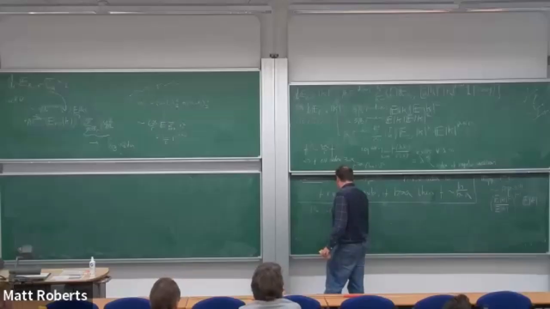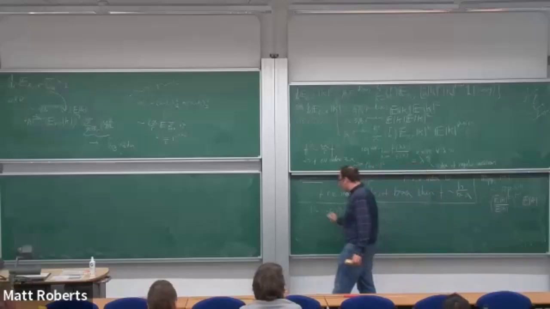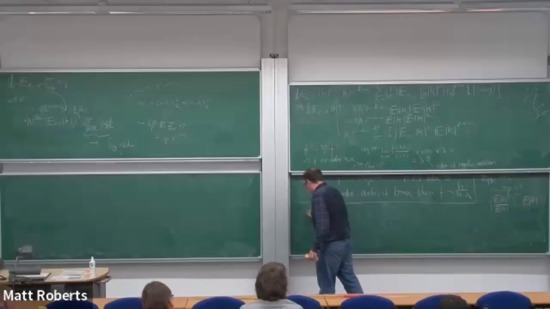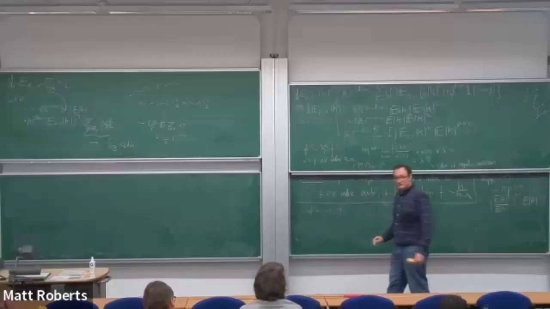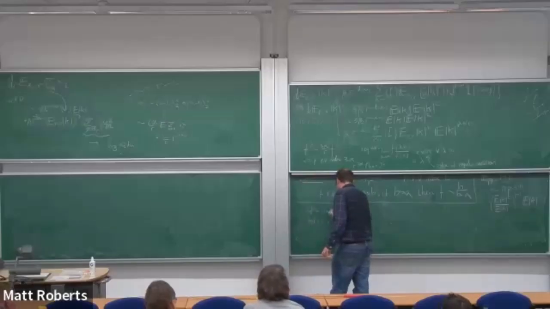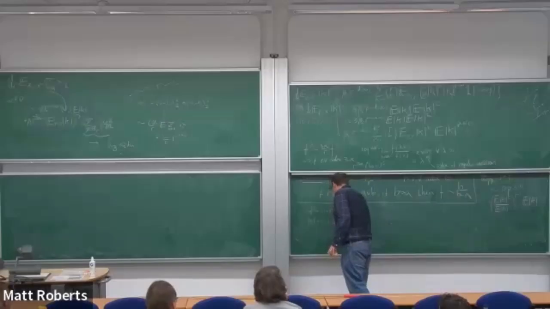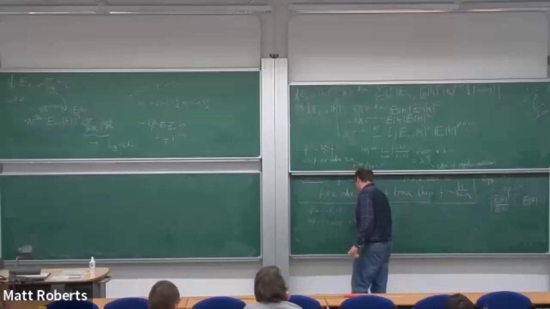Let's say A over R times F. Of course, the nice way to write this is as the derivative of the log. So you get log F is a constant plus, well, if I integrate A over R, I just get A log R. And then I have this error term.